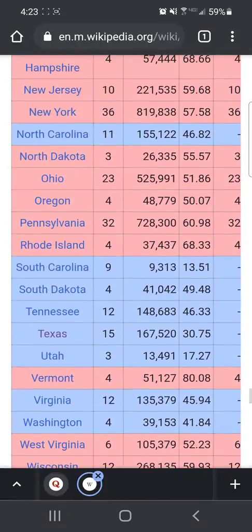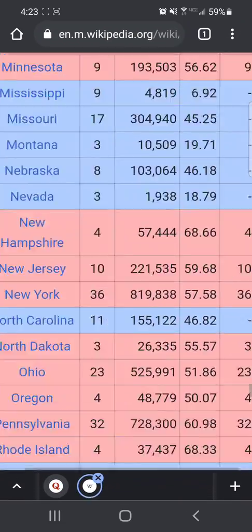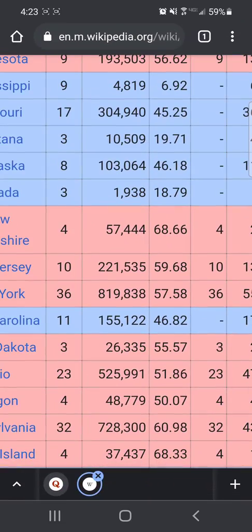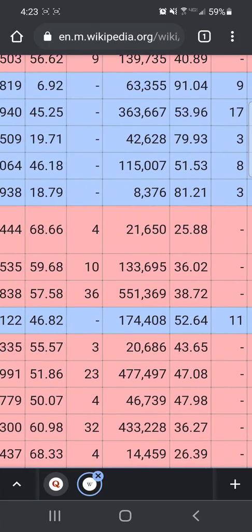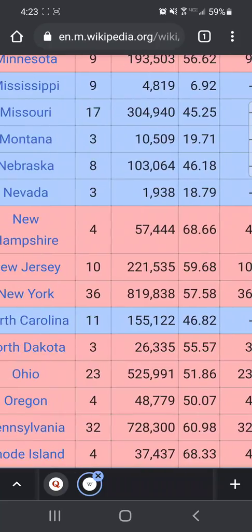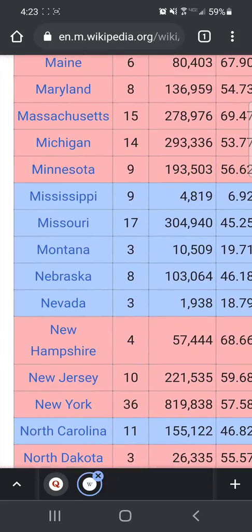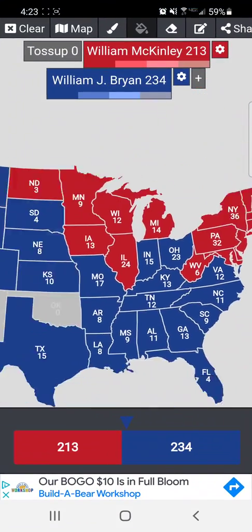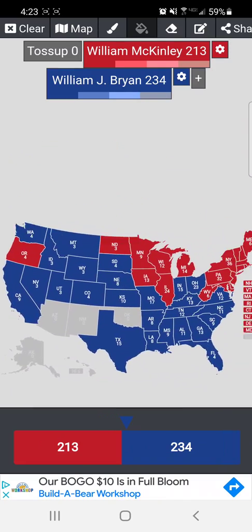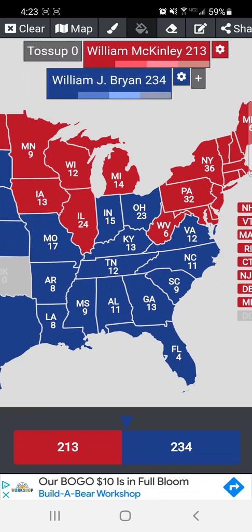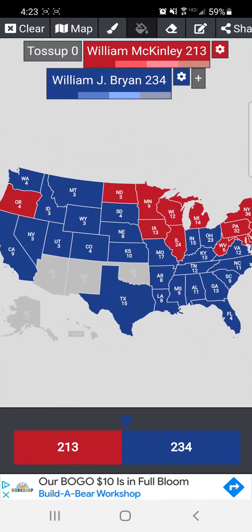Let's look in New York. 819,000 votes for McKinley. I mean, not the most red state, but this is not the modern Republican Party we're talking about. This was before the big parties changed. Honestly, I don't see a really big clear path to victory.